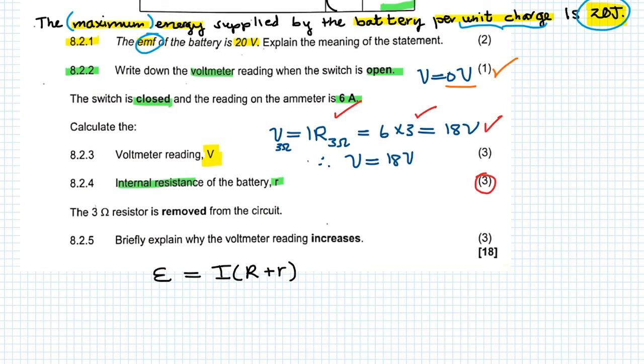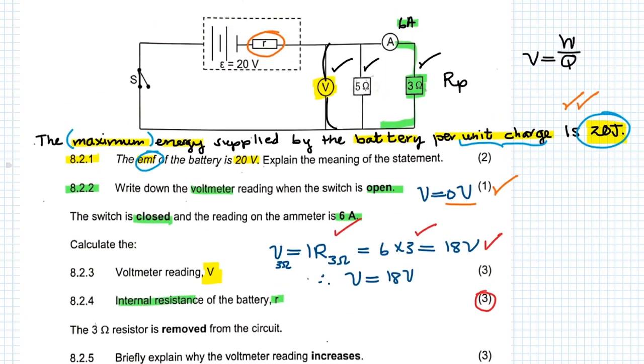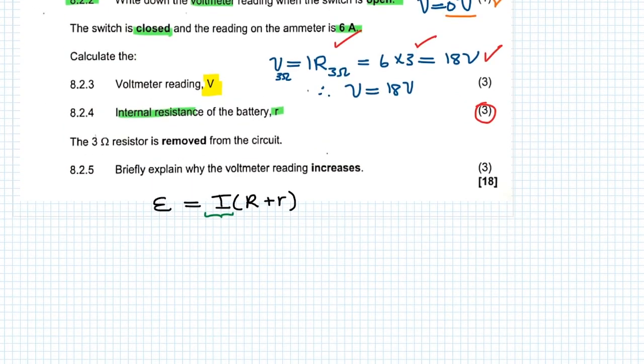Now the problem is that we do not know what the current flowing through the battery is equal to. We don't know what the total current in the circuit is. We only know the current that is flowing through the 3 ohm resistor. So that's the first problem. We need to determine what the current flowing through the battery is.